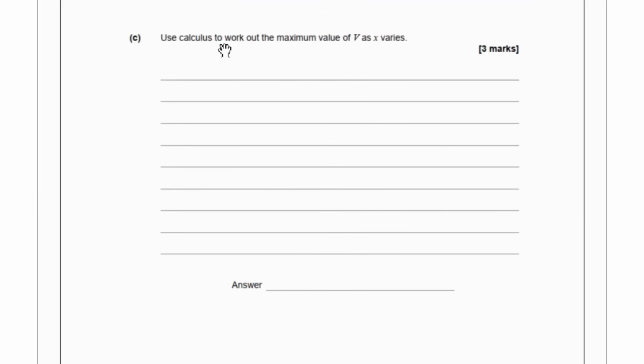Then use calculus to work out the maximum value of V as x varies. So for the maximum value of V, we find dV by dx. So that's going to be 900x minus 90x squared. Put dV over dx as 0.